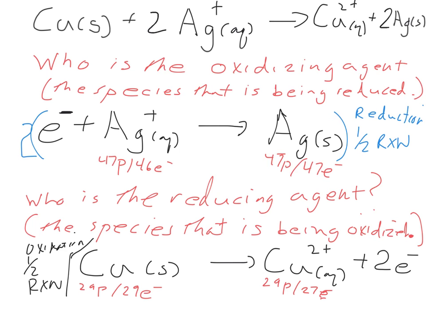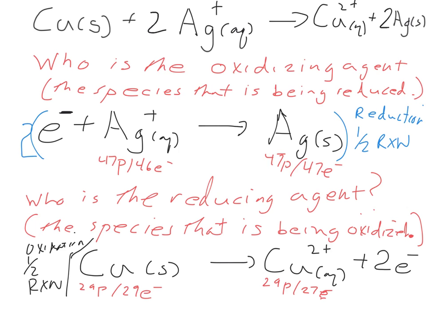So to balance out my chemical equation and make sure my number of electrons are balanced in this overall chemical reaction, I have to have that 2 there in front of my silver. Otherwise, my electrons don't cancel out. By placing that 2 in front of my silver, I allow my electrons to cancel out.